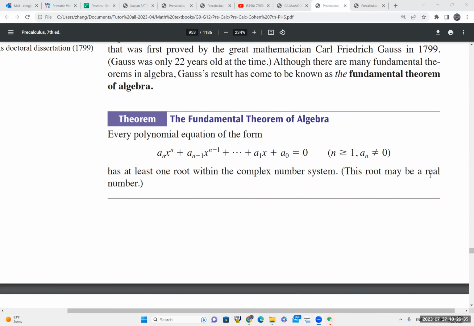This root may be a real number, or maybe it's not a real number, which means no real roots. When we solve a quadratic equation, we already meet this case, where there are no real solutions, right? So here we talk about it among the complex number system. This is called the fundamental theorem of algebra.